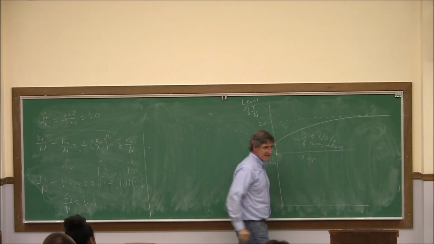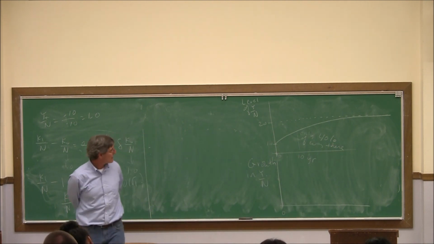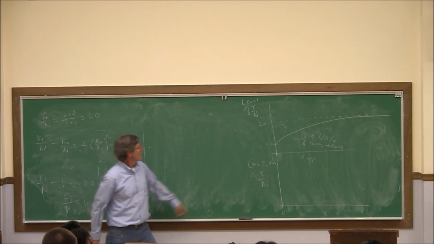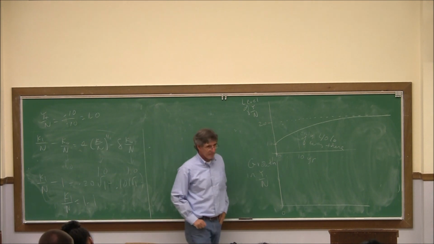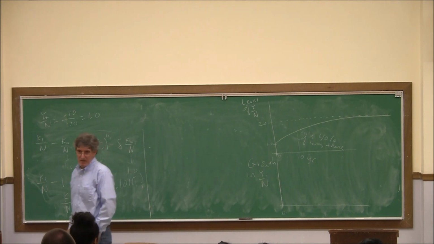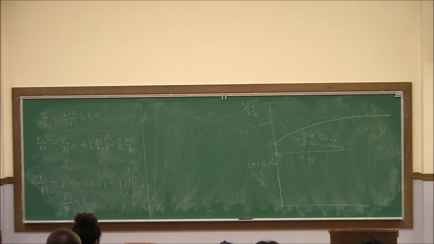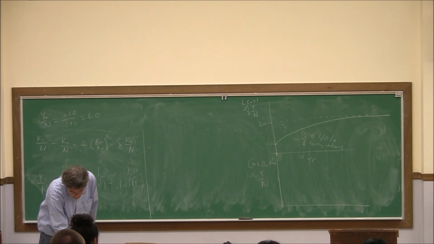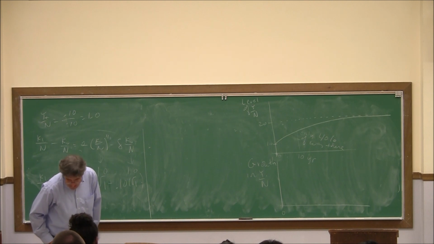My graph's not to scale very well. It looks like, actually, it's not so bad. 40% from there to there. And then if you go out to, yes, it takes a long, long time.